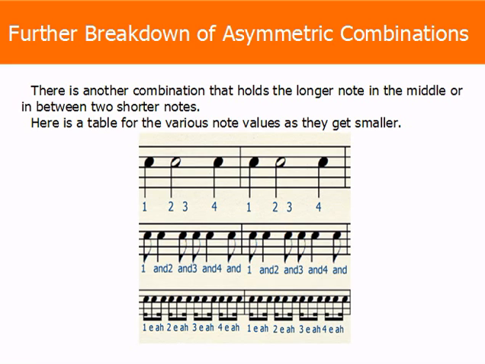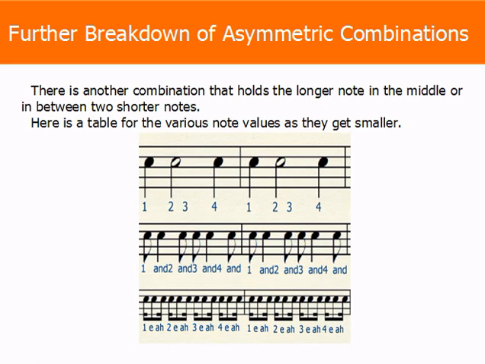Here we have the bottom: 1 E and, or the 1 E, 2 E. I'm going to leave the "and" out. 1 E, 2 E, 3 E, 4 E. What if we were to count the "and" in there, which is silent right now?